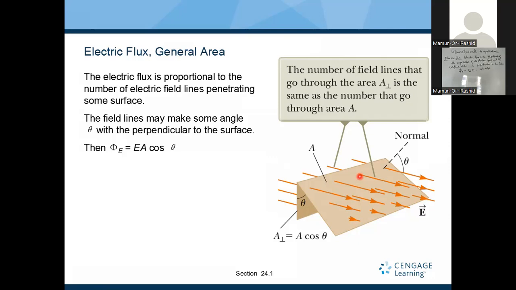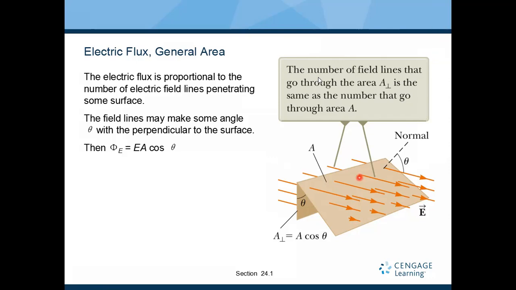The number of field lines that go through the area perpendicularly is the same as the number that goes through the area A. If the field lines make some angle theta with the perpendicular to the surface, then the electric flux can be written as E A cos theta. And this is the graphical representation.